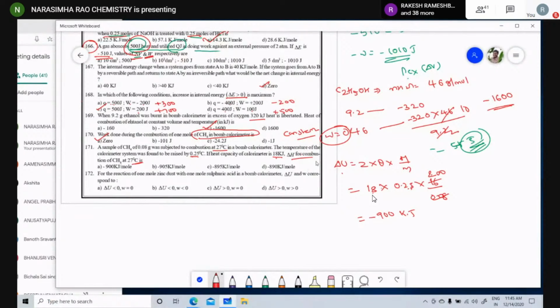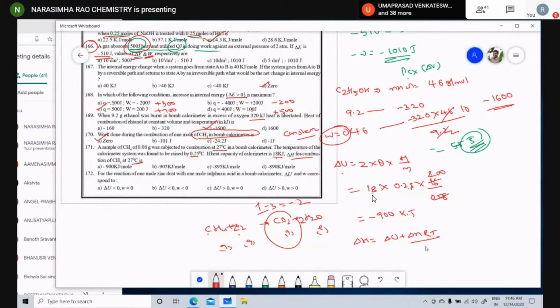The question is asking about delta H. We already know delta H is equal to delta U plus delta n R T. Now the reaction is CH4 plus O2 gives CO2 plus H2O. At 27 degrees centigrade, water is liquid, the others are gas. Gaseous moles: 1 mole minus 3 moles is equal to minus 2.